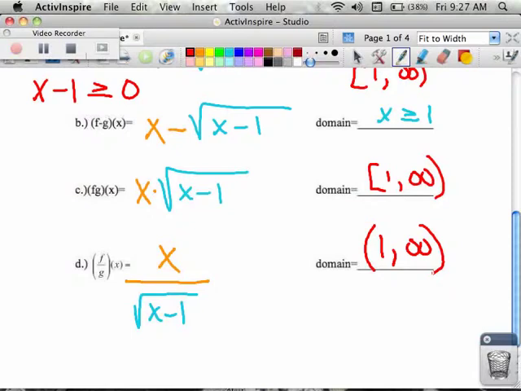Why parentheses, not bracket? Because it can't be 1. You can't have 0 on the bottom. If you divide by 0, that's a problem. And so we cannot include the 1. Put a star by that.